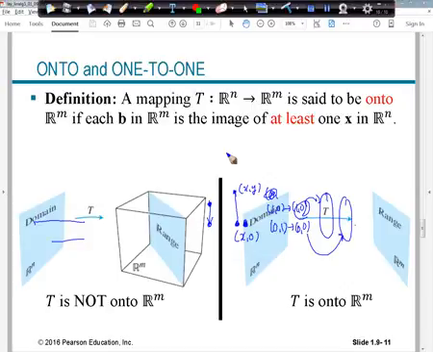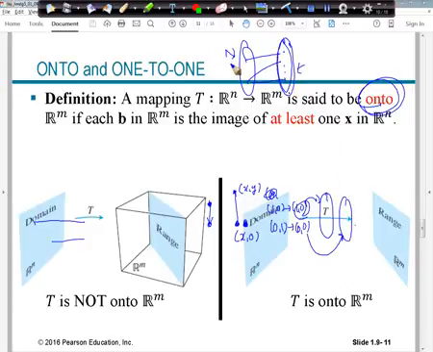Onto means, if you recall our range, in this kind of function mapping, our range should be the same as our codomain, which means every element in our codomain should get hit at least once from some vector or some element in our domain, right? That can be stated in this form.